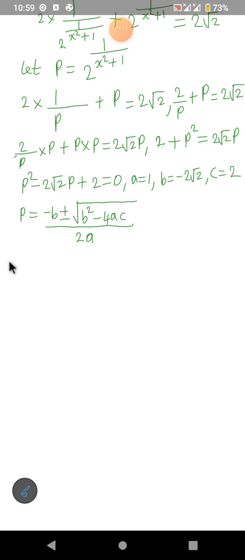So this P, we say P equals minus B. My B is minus 2 root 2, so I'm going to write it inside a bracket.